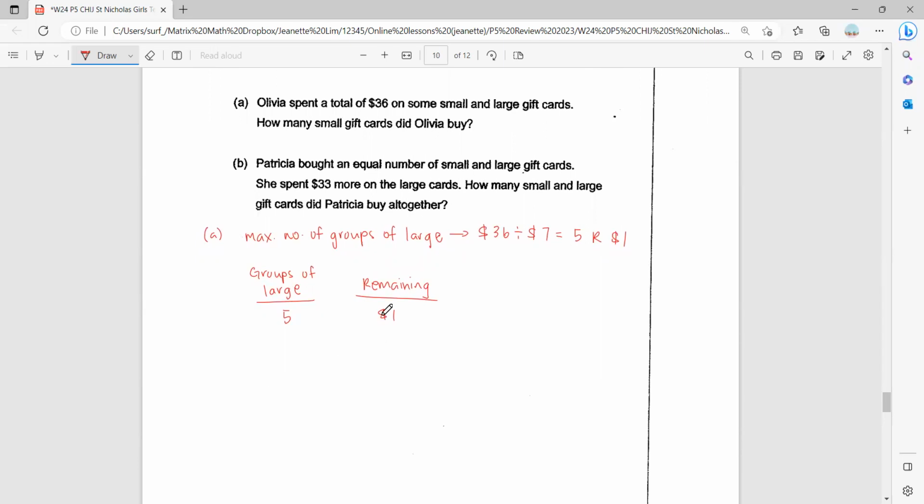I know it cannot go higher, so I'll make it go lower. Every time you go to the next one, you reduce by 1 group of large. Every group of large is worth $7, so my remaining amount of money will be $7 more. So my remaining is now $8.